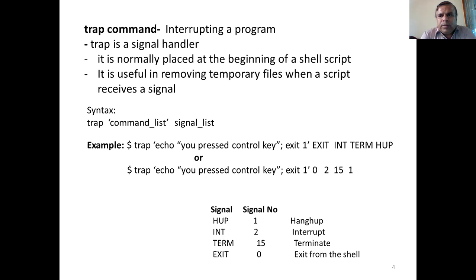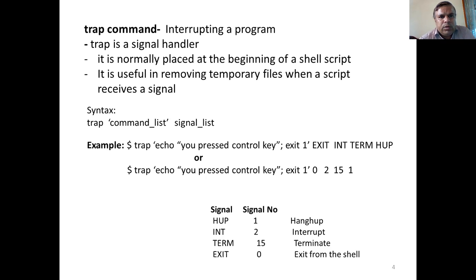But it is not always a good idea to terminate a program in this way, because it can leave a lot of temporary files on the disk. In such a case, the trap command lets you handle this.